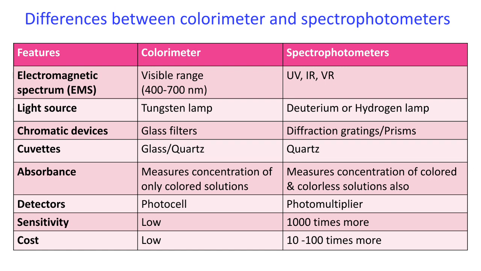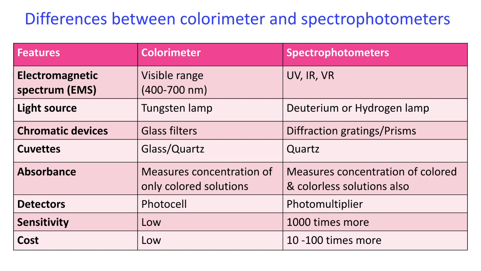Whereas in the spectrophotometer we can measure colored compounds as well as colorless compounds, which are usually measured in the UV or infrared regions. So these are the advantages and disadvantages regarding the electromagnetic spectrum.